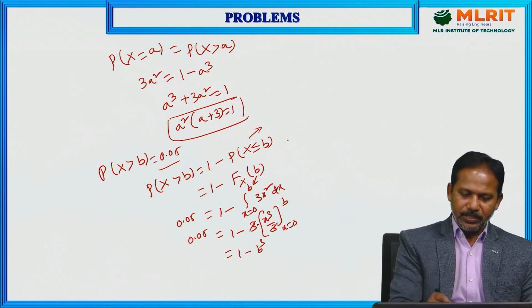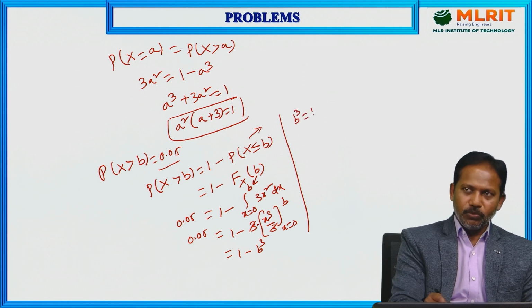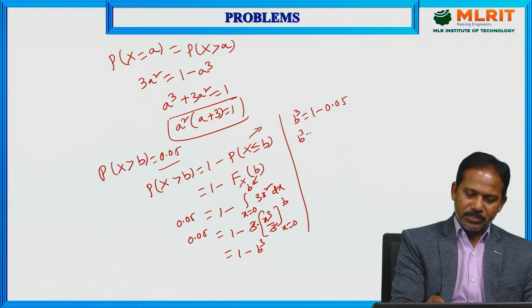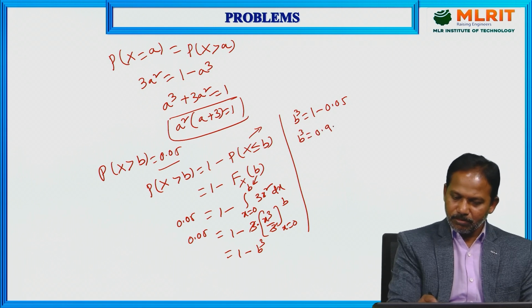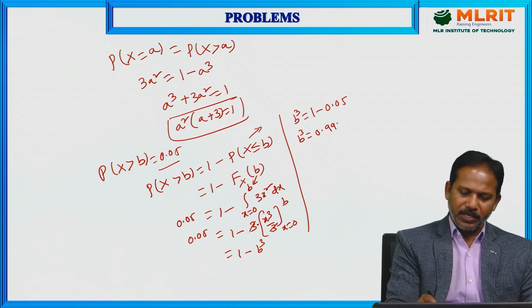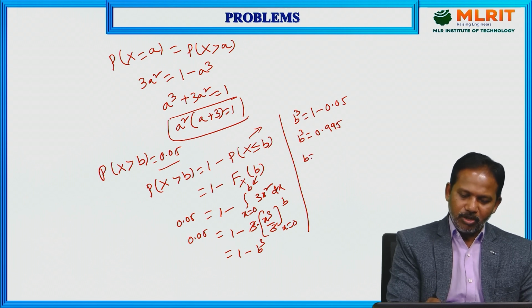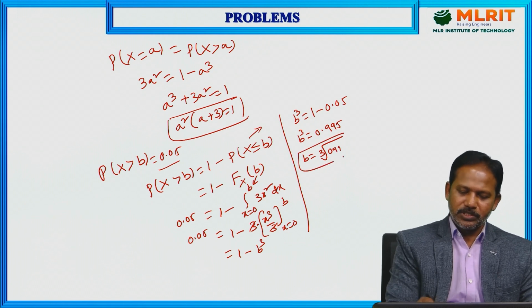So we can write b cube is equal to 1 minus 0.05, that is b cube is equal to 0.95. Here I want to find the b value, that is the cube root of that number. So this is my b value.